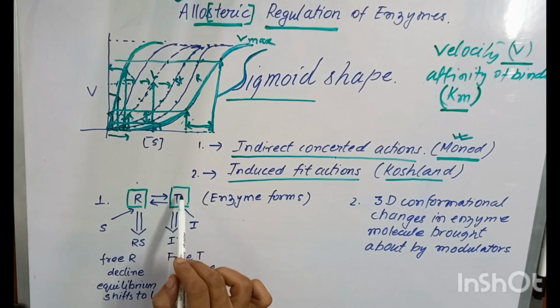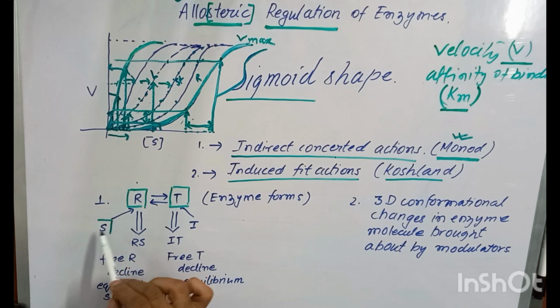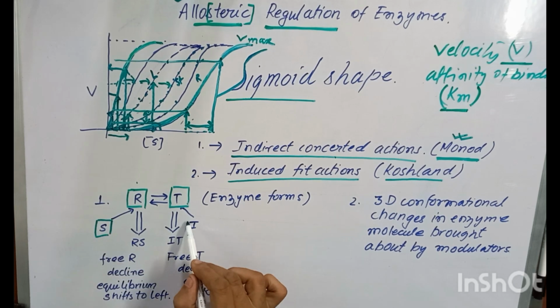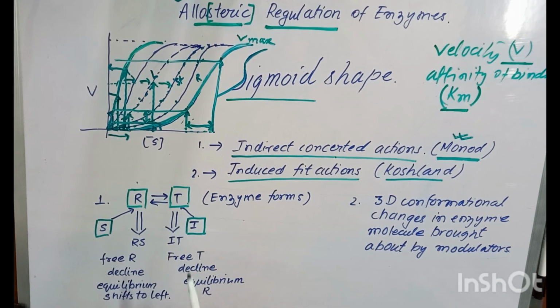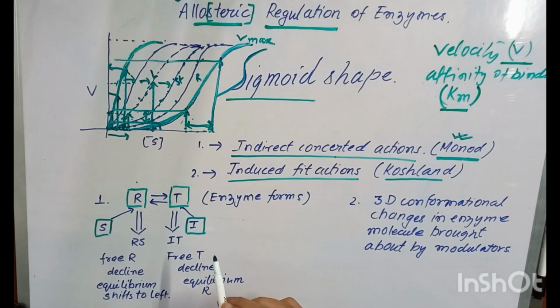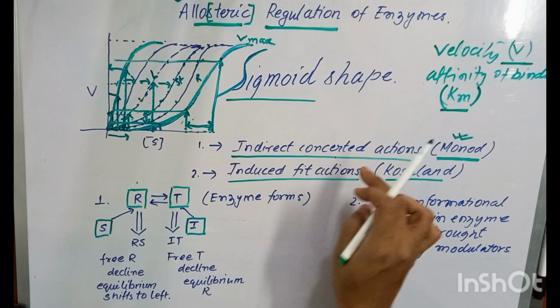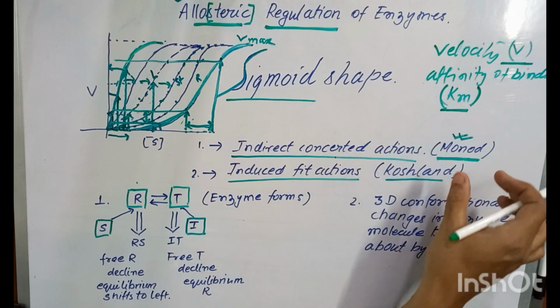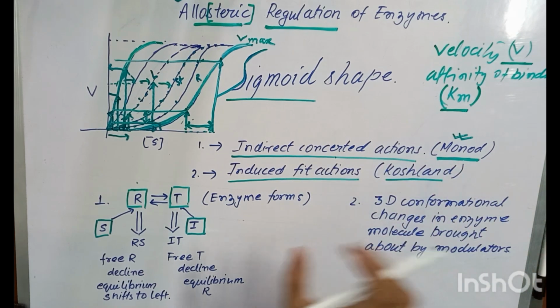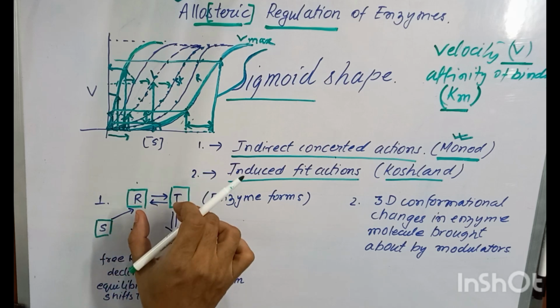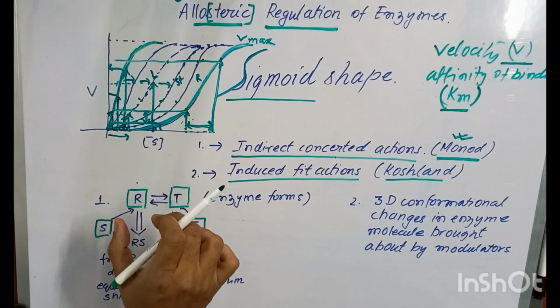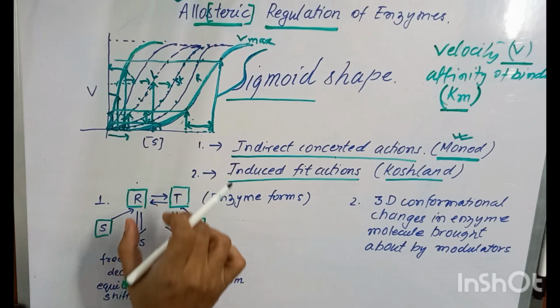The R form binds the substrate, and the T form binds the inhibitor. These are the free forms, the R form and the T form.